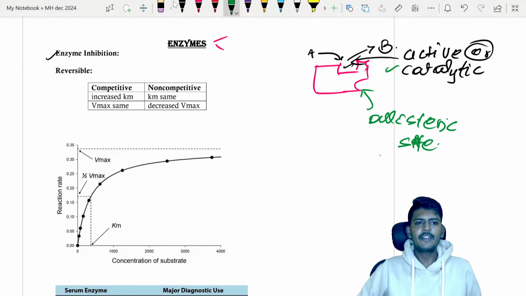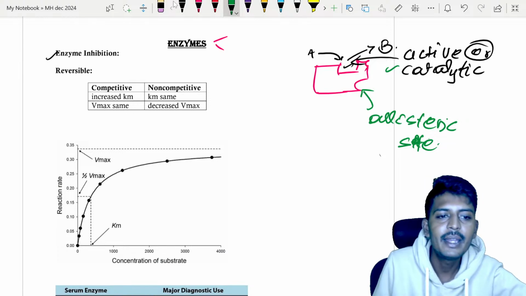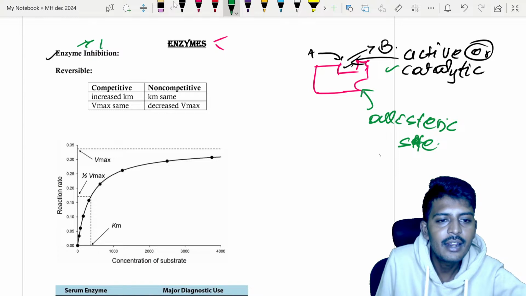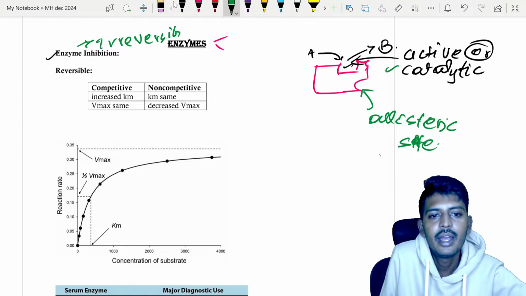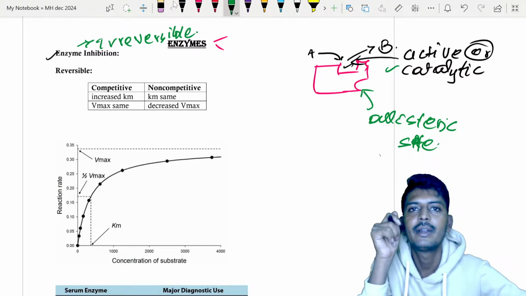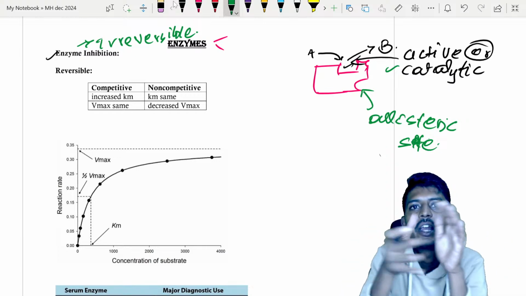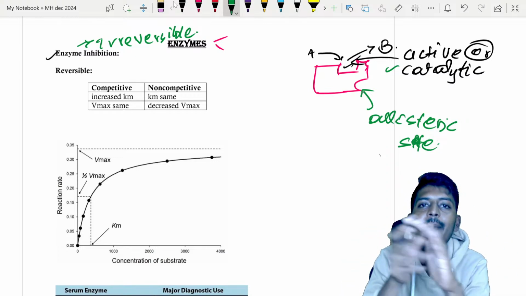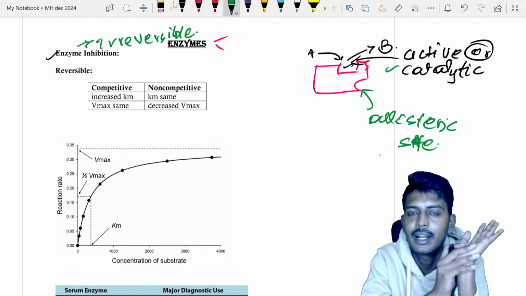Now, enzyme inhibition can be divided into two types. Type 1 is called irreversible. When we speak of irreversible inhibition, an inhibitor, a chemical substance, goes and binds with the enzyme, and once it binds, there is permanent destruction of that enzyme.